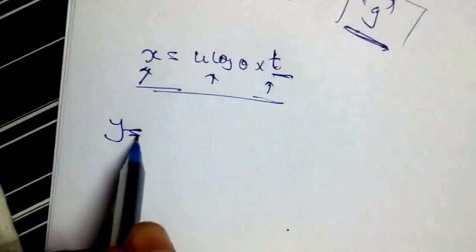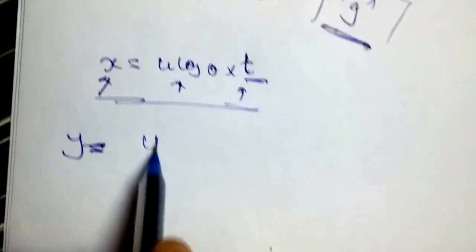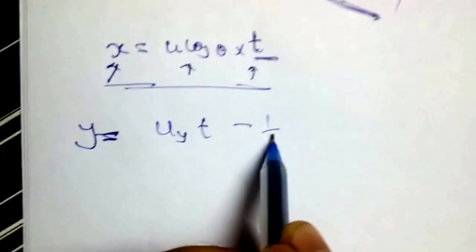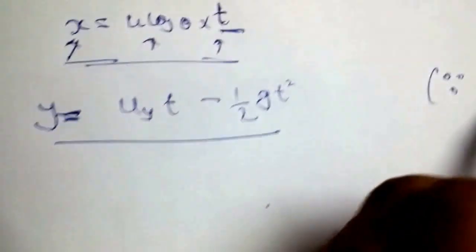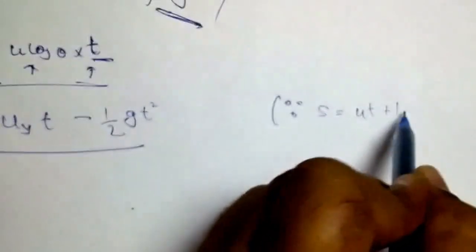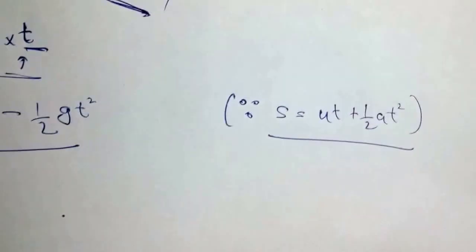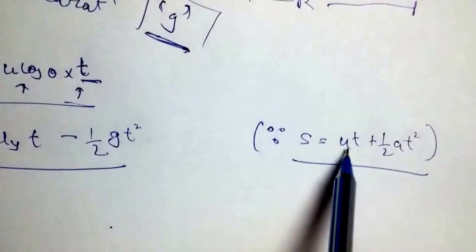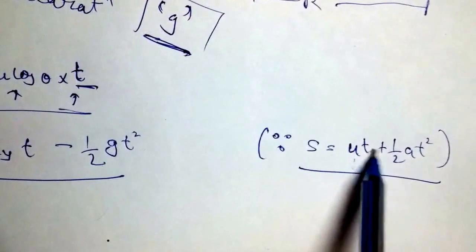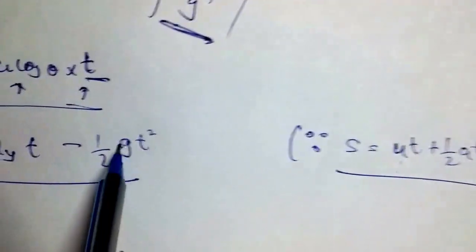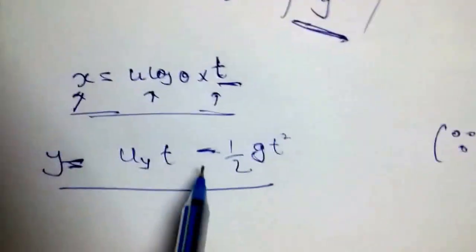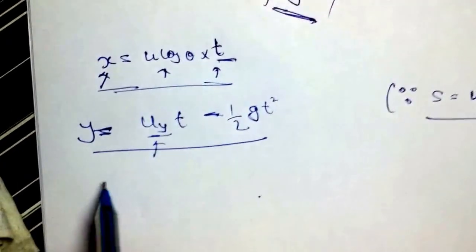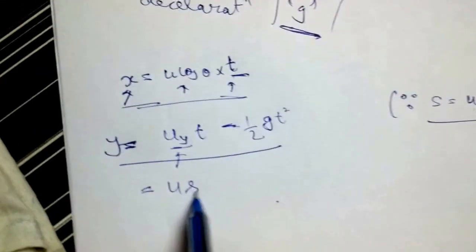I can have in y direction uy multiplied by t minus 1 by 2 g t square. This equation comes from s equals ut plus 1 by 2 a t square, the equation of accelerated motion for distance covered, where u is the initial velocity, t is the time taken, and a is the acceleration. Since we are having acceleration g, which is opposing the velocity in vertical direction, we are having a minus sign over here, and uy is the y component of velocity, so uy is actually u sin theta.